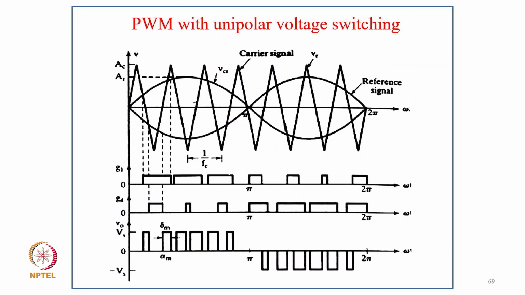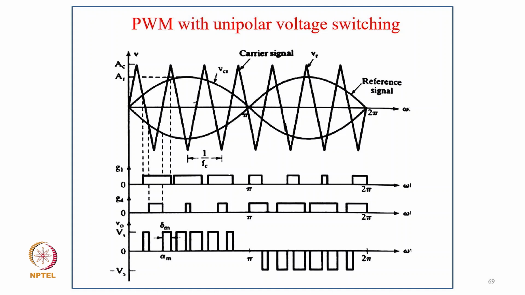And this is typically PWM with unipolar switching, where you can clearly see the carrier wave compared with two control signals, one plus and one minus, and you get the gating signals G1 G4 and the output voltage that is unipolar. In the positive half cycle you get only pulses on the positive side, and for the negative half cycle you get pulses on the negative side.